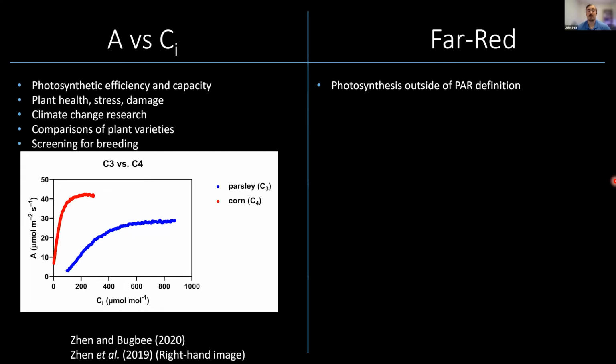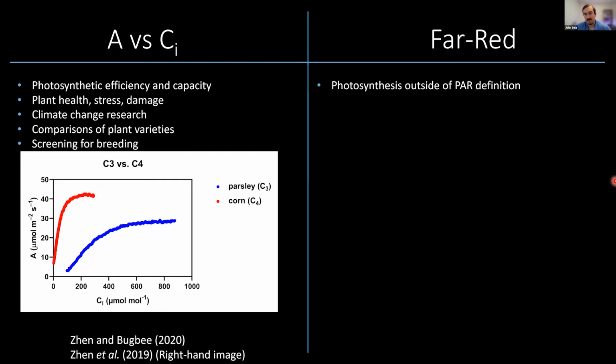This is also a common approach when we're screening different lines of plants through a breeding approach. Basically, if we wanted to create a high-yielding plant, we might screen across various different lines for high photosynthetic efficiency, and the ability of those plants to withstand the various stressors that might reduce that efficiency.